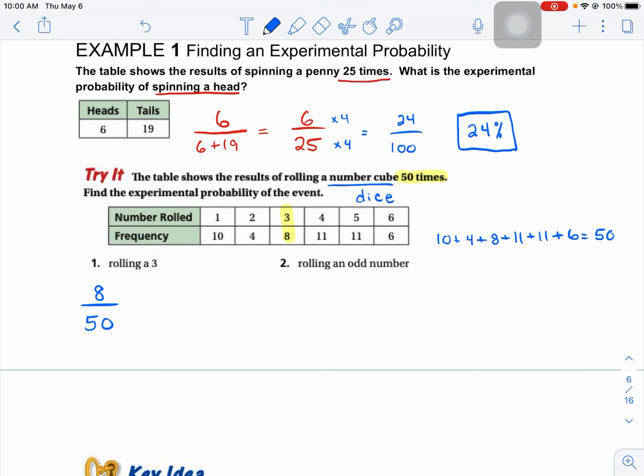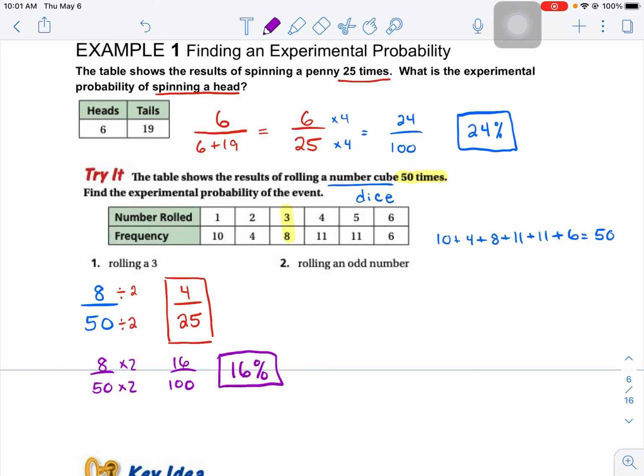So if I simplify, I can divide by 2, which would give me 4 out of 25 in simplest form. Or I can change it to a denominator of 100 by multiplying by 2 to get it as a percent. So if I wanted my answer as a percent, 8 over 50 times 2 would be 16 over 100, or 16% of the time.